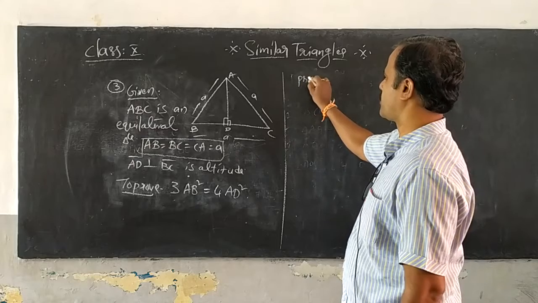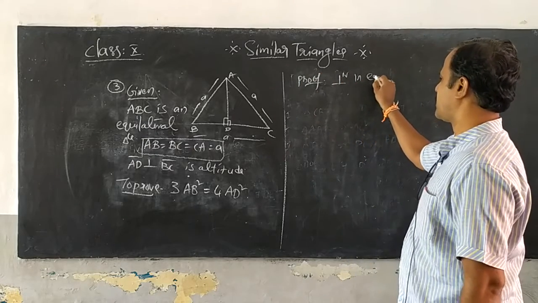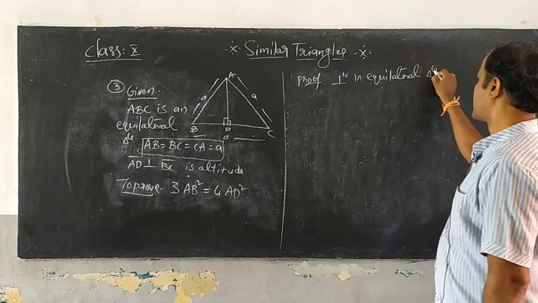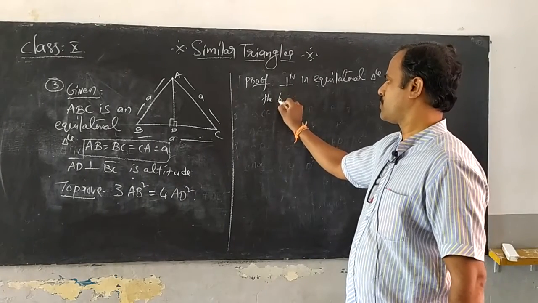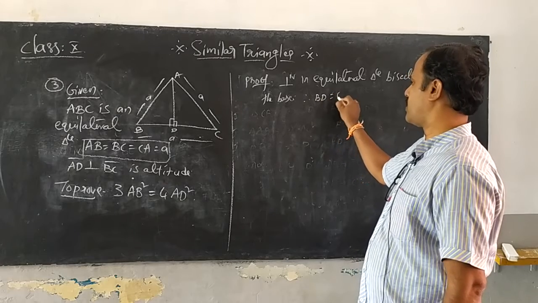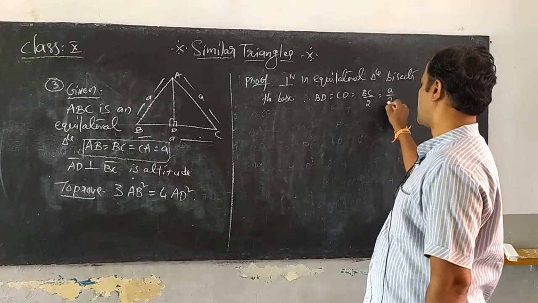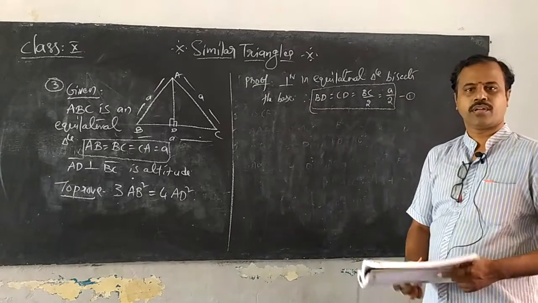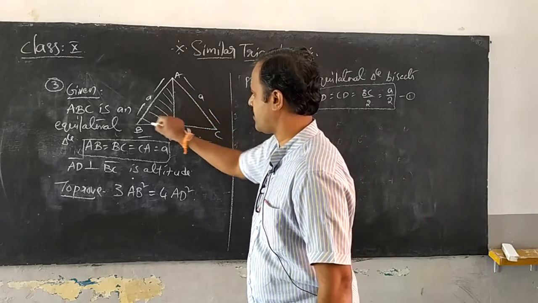So coming to the proof, the perpendicular in an equilateral triangle bisects the base. Therefore, BD is equal to CD is equal to BC by 2, which is equal to A by 2. Now I take this triangle.